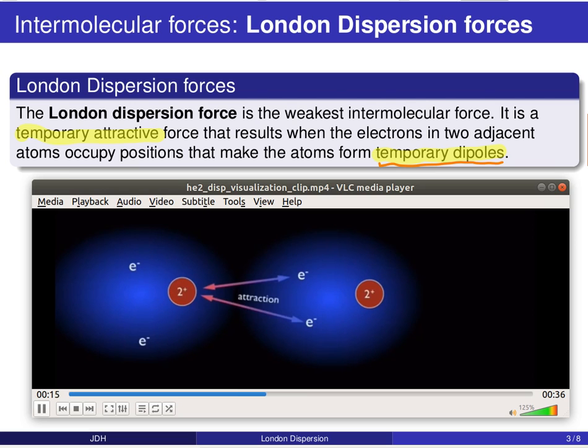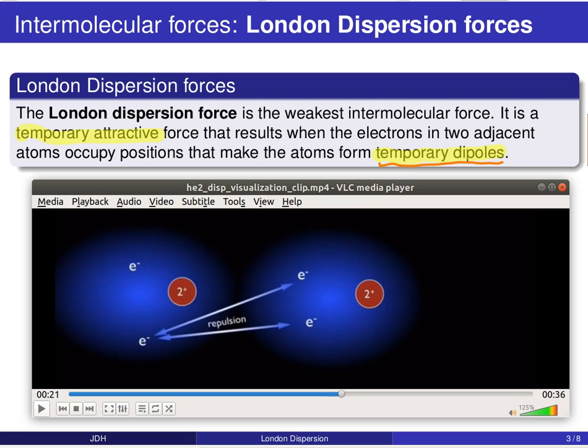Similarly, if you look at the electrostatic interaction between the electrons on the two helium atoms, we of course have a repulsive interaction occurring. And so as the electron density on the right-hand helium is being drawn to the first helium atom's nucleus, the electrons on that first helium atom are being pushed to the other side.